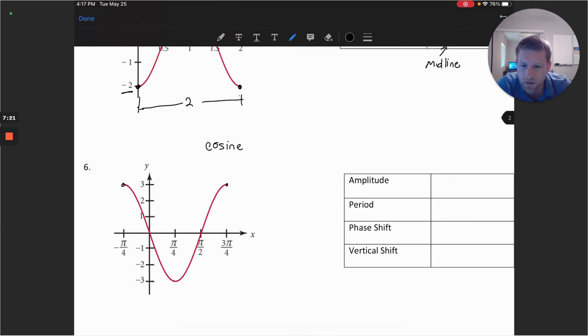The midline looks to be y equals 0. Our amplitude here, the absolute value of A, is 3, and we'll consider starting our graph here at 3. And so our A value in this equation is going to be 3.